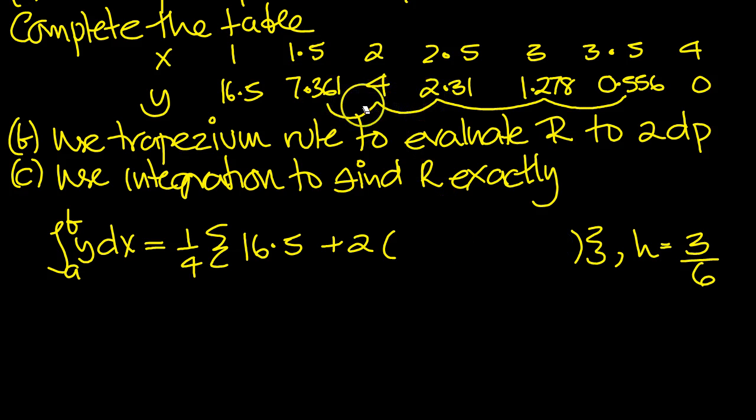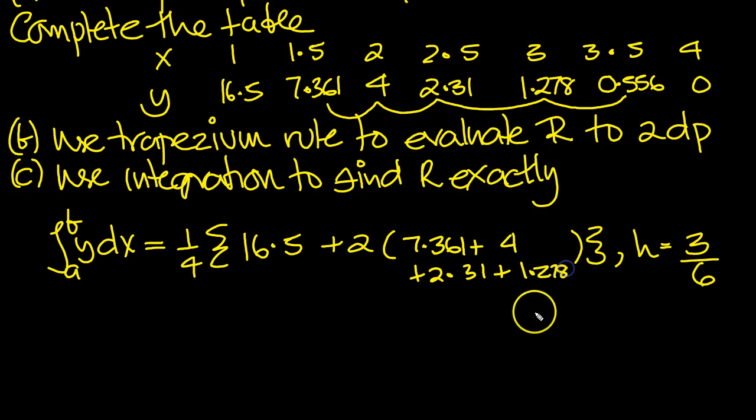So we've got 7.361 plus 4 plus 2.31 plus 1.278 plus 0.556. There we go.